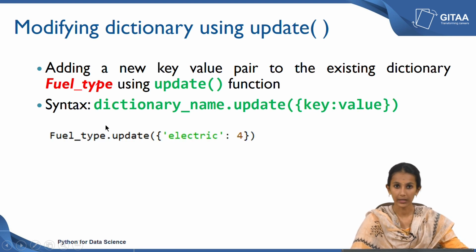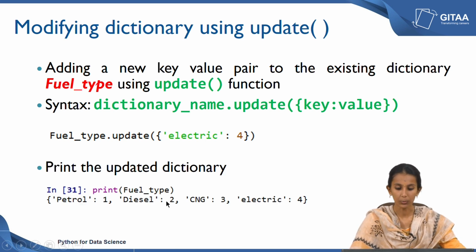Our dictionary name is fuel_type. I am using the built-in function update. So, dot update, key which is 'electric', using single quotes, colon 4, which is the corresponding value for electric. When you print the updated dictionary, you will get an output like this.